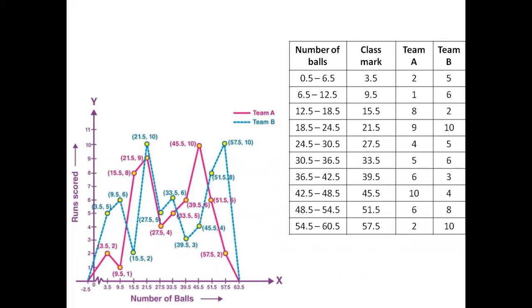Then I have 9.5 and 1, then 15.5 and 8, 21.5 and 9, 27.5 and 4, 33.5 and 5, 39.5 and 6, 45.5 and 10, 51.5 and 6, and 57.5 and 2. So this way you need to construct the frequency polygon.